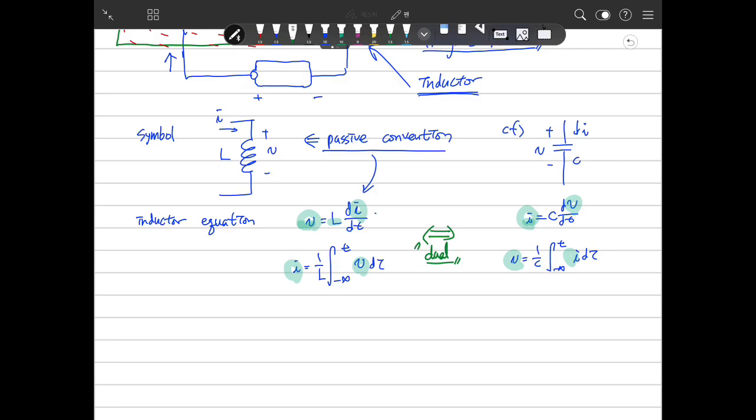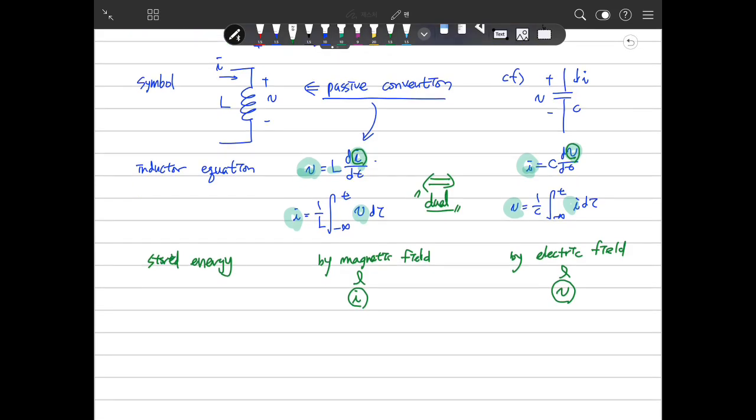So here energy is stored by the magnetic field and here by the electric field. This one is proportional to the voltage, but that one is proportional to the current.